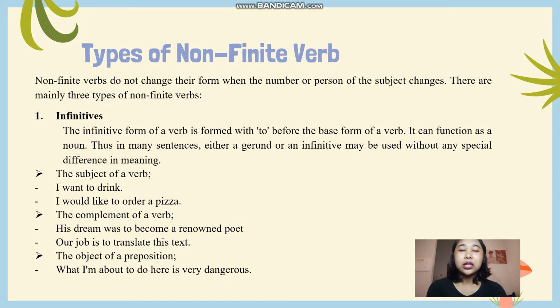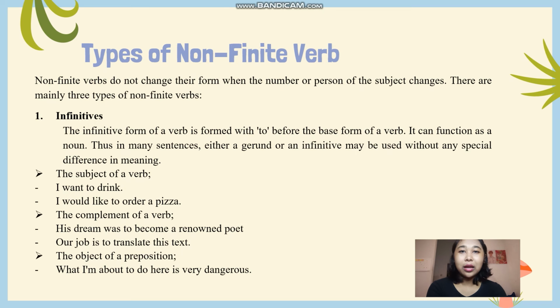The infinitive form of a verb is formed with to before the base form of a verb. It can function as a noun. Thus, in many sentences, either a noun or an infinitive may be used without any special difference in meaning.